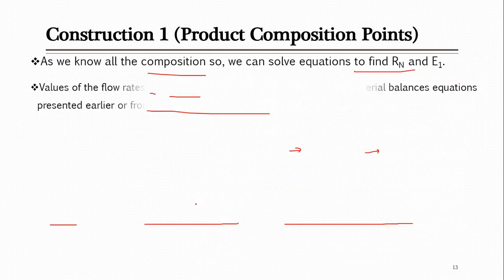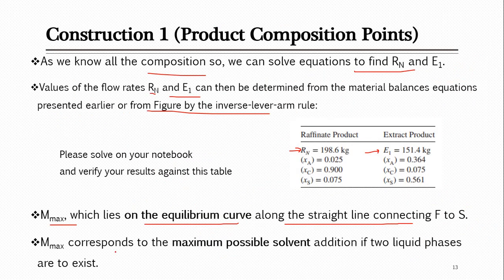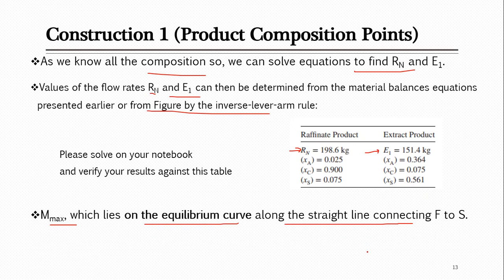That's what Mx represents. It corresponds to the maximum possible solvent addition if two liquid phases are to exist. For any system you can locate this Mx on the equilibrium curve, where your feed-solvent line intersects your equilibrium line, at the point close to the solvent. And by the way, not on the other end.